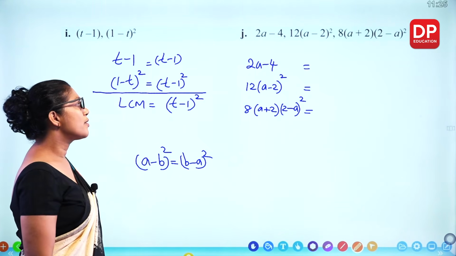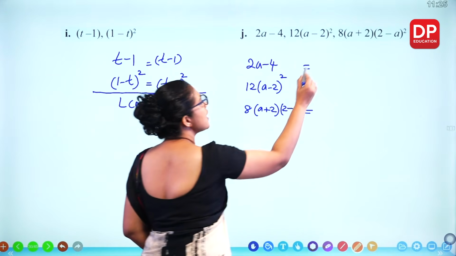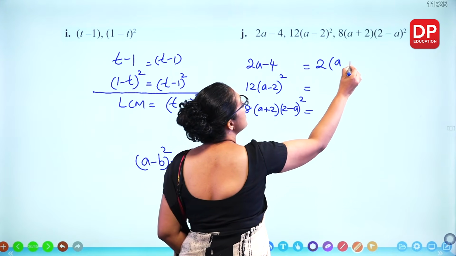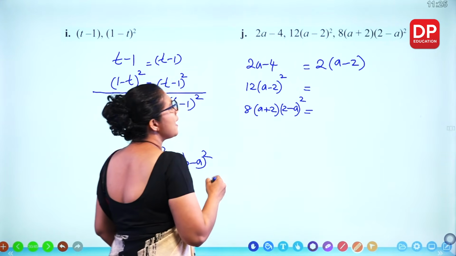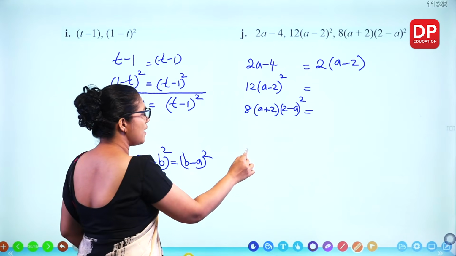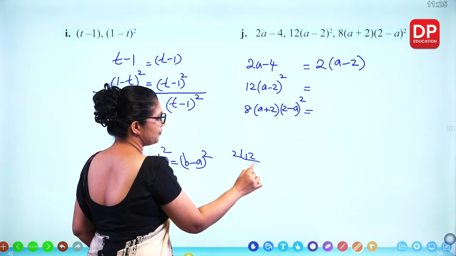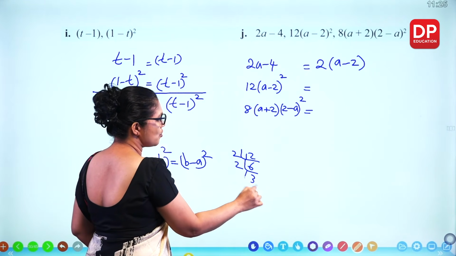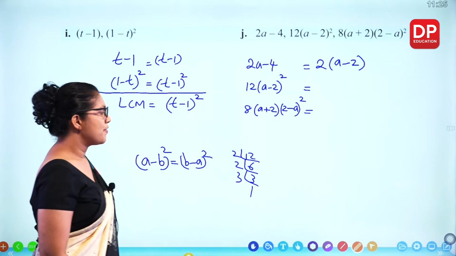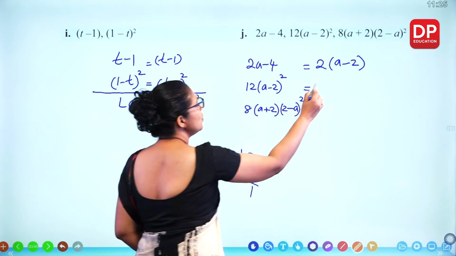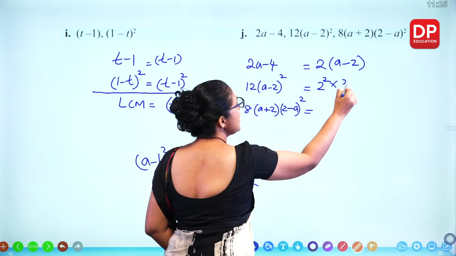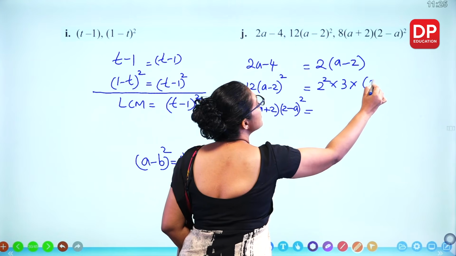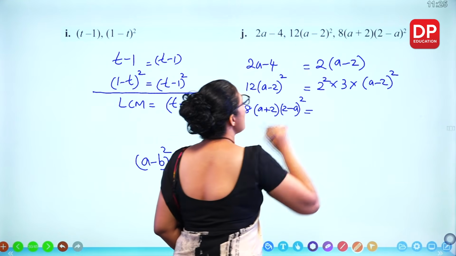First expression, you can take 2 out. So take 2 out. What's the remaining part? A minus 2. And 12, how can I write 12? Divide by 2, divide by 2 again, and divide by 3. So 2 to the power 2 into 3 into a minus 2 squared.